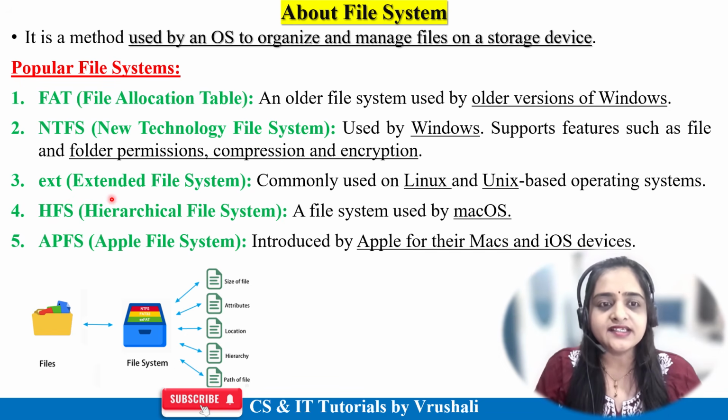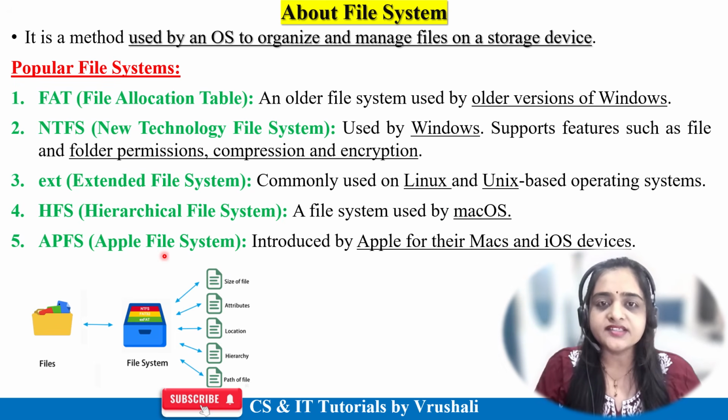Next one is EXT, that is extended file system. Again, this file system structure is used in Linux and Unix based operating systems for providing folder permission, compression, encryption, for the same feature purposes. Next one is HFS, that is hierarchical file system. This file system structure is used in the Mac operating system.